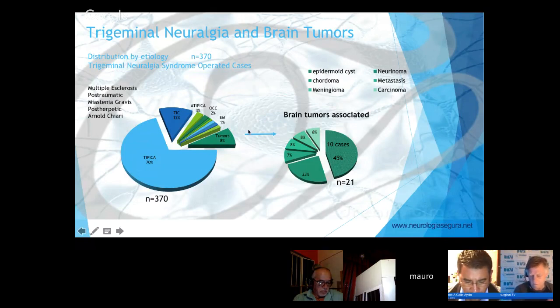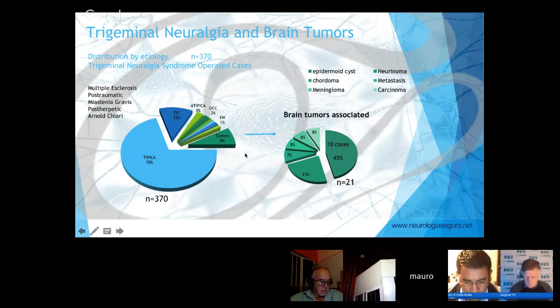Once we review the MRI and do a careful analysis of it, we can easily establish the diagnosis: trigeminal neuralgia as a pure syndrome, or one of these 8% of cases.